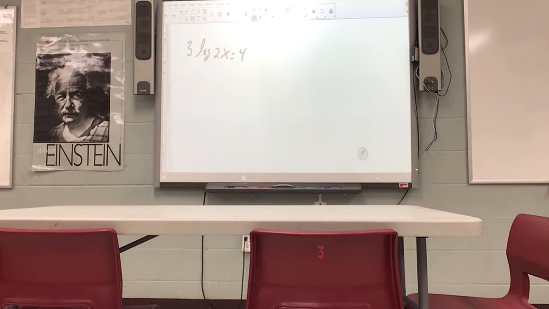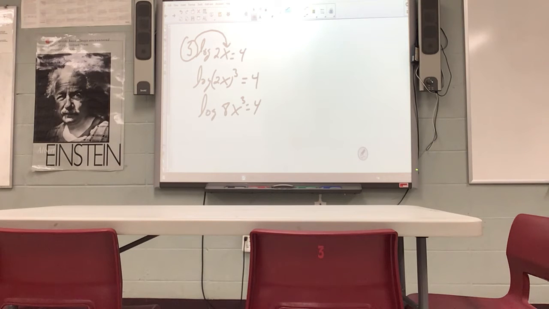They got different rules than normal equations. What has to happen here is you have to recognize that's the power property. So we're gonna have log of 2x cubed is equal to 4. Now, when you cube that 2x, you have to cube the 2 and the x. So I'm gonna go ahead and write log of 8, 2 cubed, x cubed equals 4.